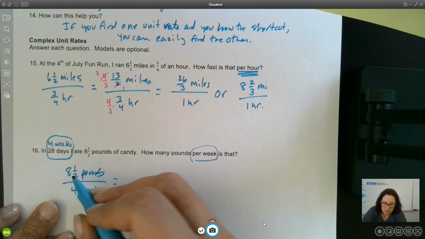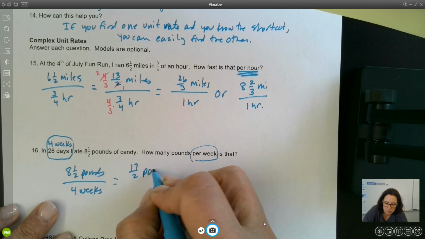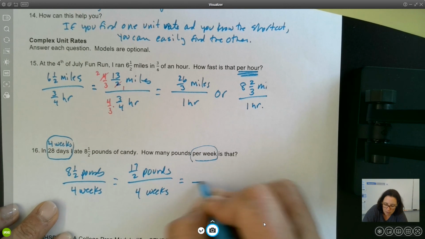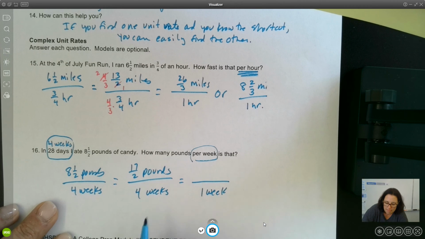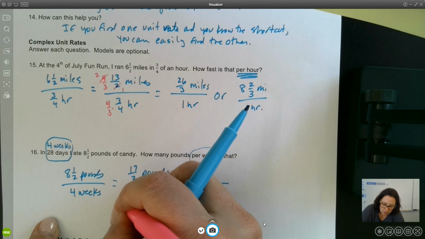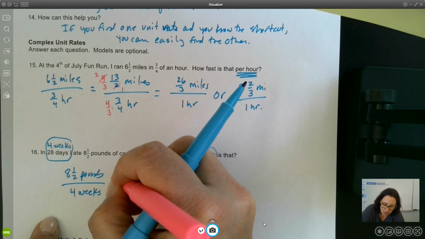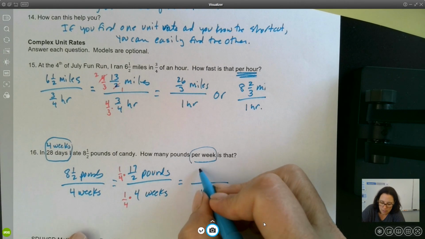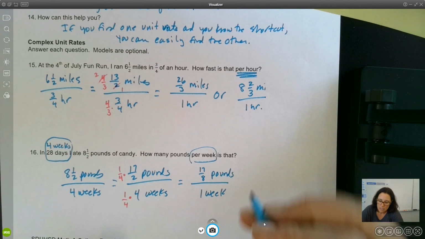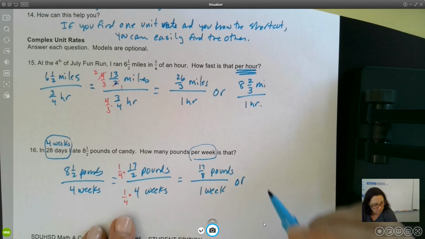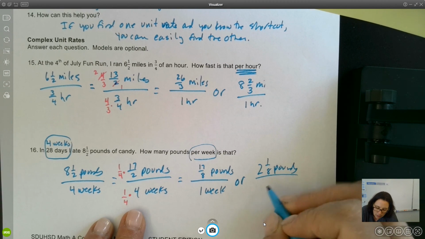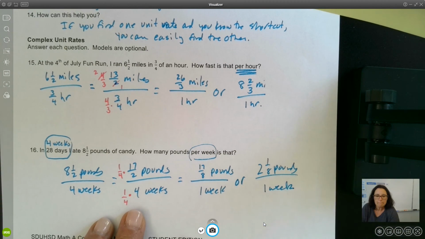So let me make this a 17/2 pounds in 4 weeks. And I want this to be 1 week. Well, to turn a 4 into a 1, I have to multiply by 1/4. So that would be 17/8 pounds in 1 week. If you want a mixed number out of that, it's 2 1/8 pounds in 1 week.